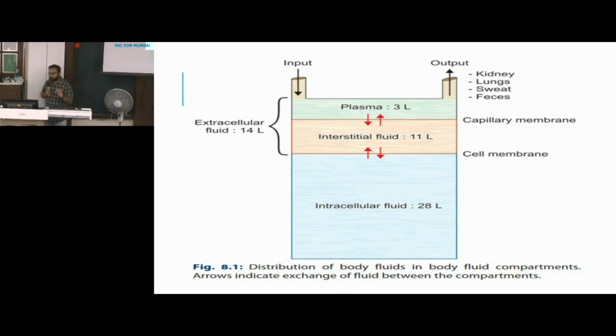So it contains around 11 liters of interstitial fluid, and the rest is plasma, 3 liter. What is the amount of blood in the body? Average 5 liter. Out of 5 liter, around 60%, that is 3 liter, is plasma, and 40% are cells.